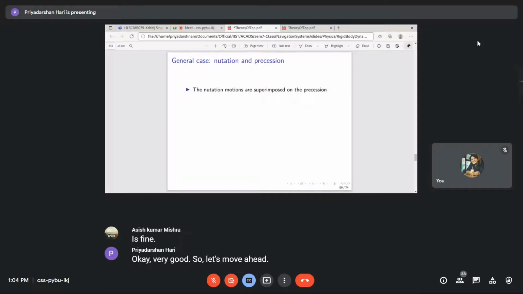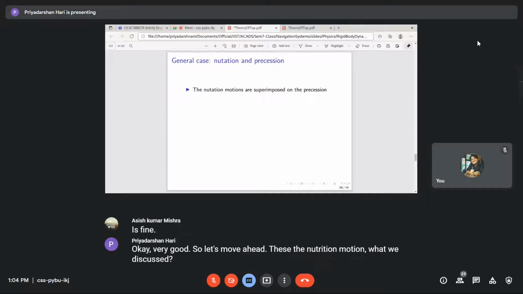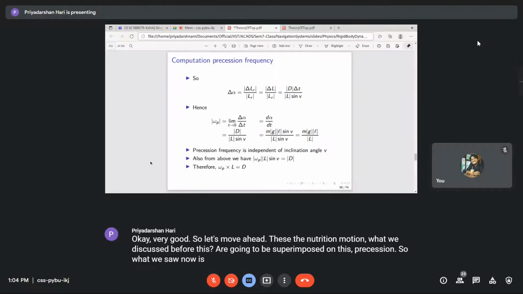The nutation motion, what we discussed before this, is going to be superimposed on this precession. So what we saw now is the precession effect. These terminologies will slightly confuse you.